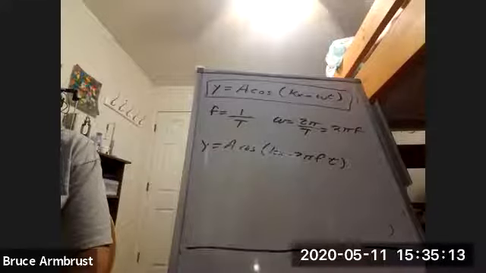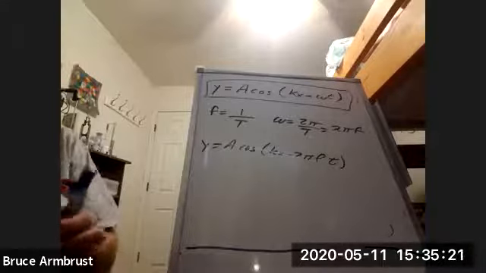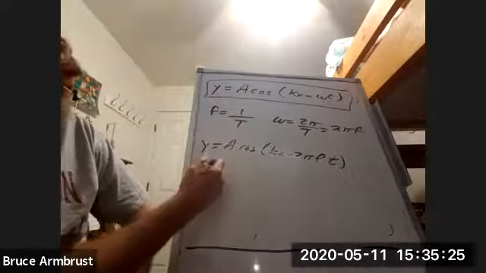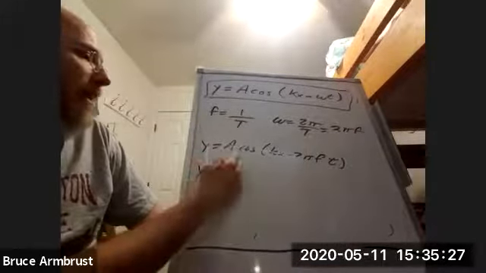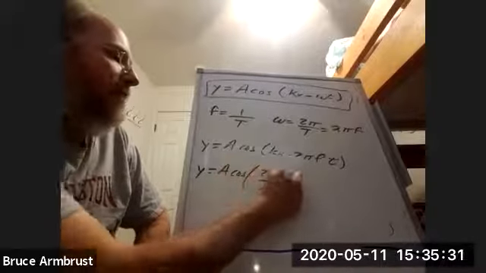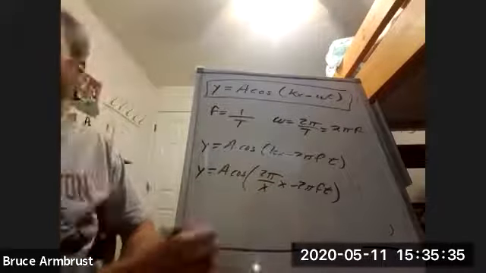We could also take that k and replace it with the 2 pi over lambda. So what we can do is pull out that 2 pi multiple. So we get A times the cosine of 2 pi over lambda x minus 2 pi f t.